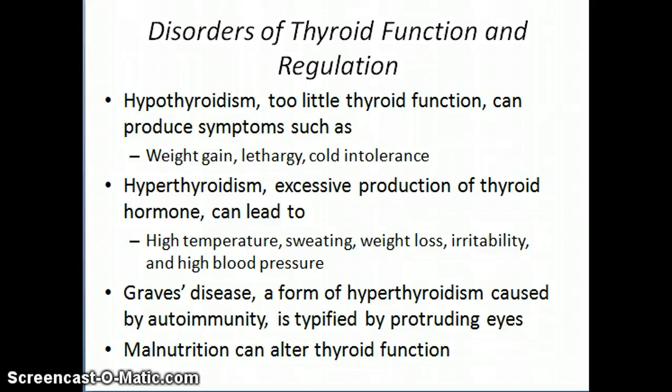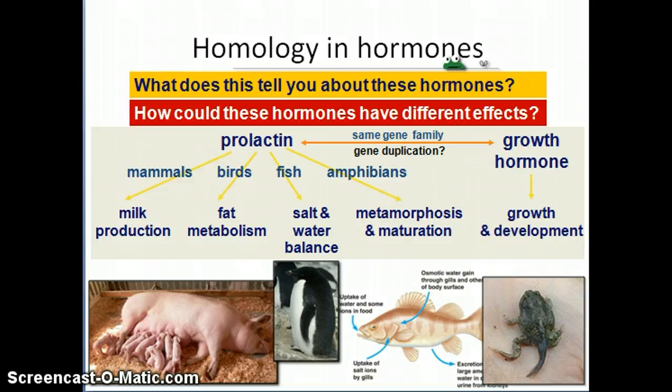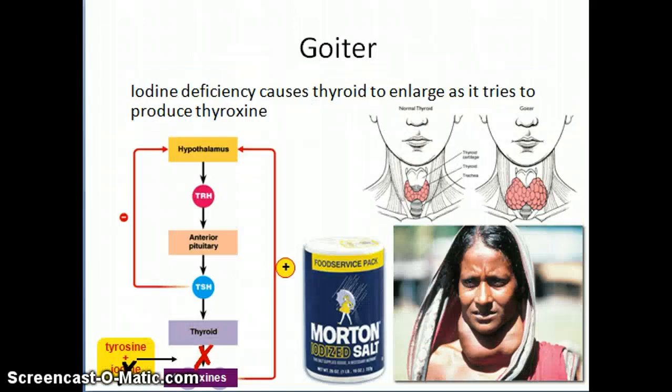And finally, the last disorder that we can have is the production of a goiter. As you saw, T3 and T4, the two thyroid hormones, are defined by how many iodine atoms are attached to them.